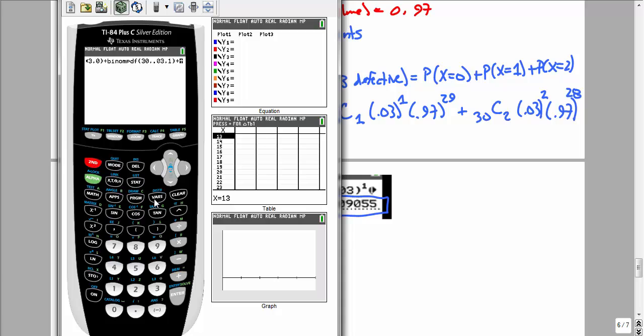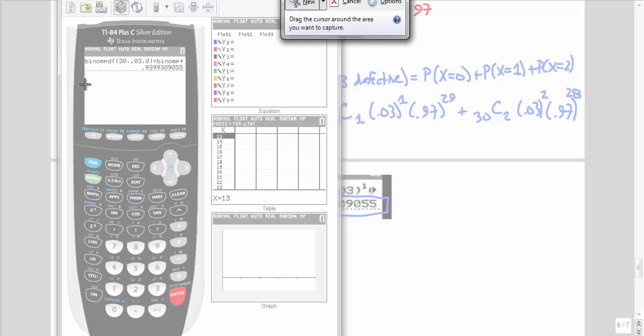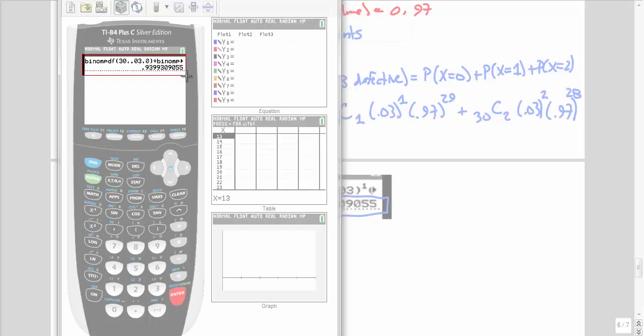Again, I want the binomial PDF, not CDF. CDF is a cumulative distribution function. Here I have my sample size, my probability of success, and now I'm going to evaluate this for 2. I hit enter, and I get the same answer.